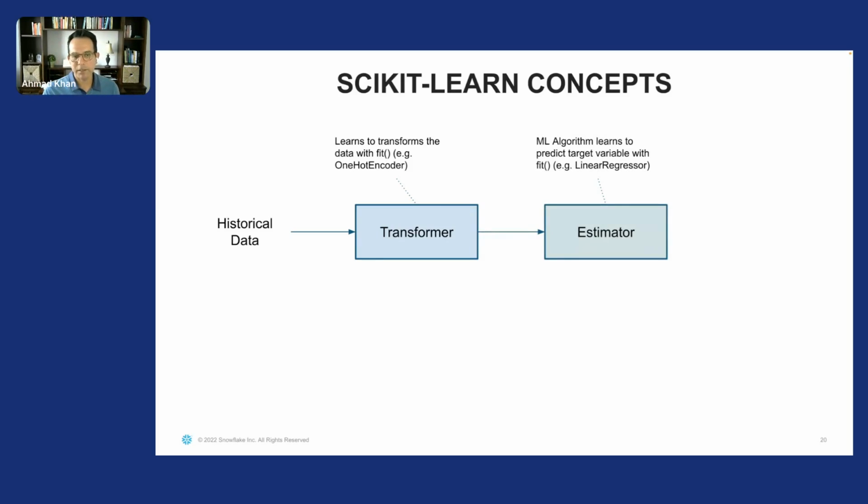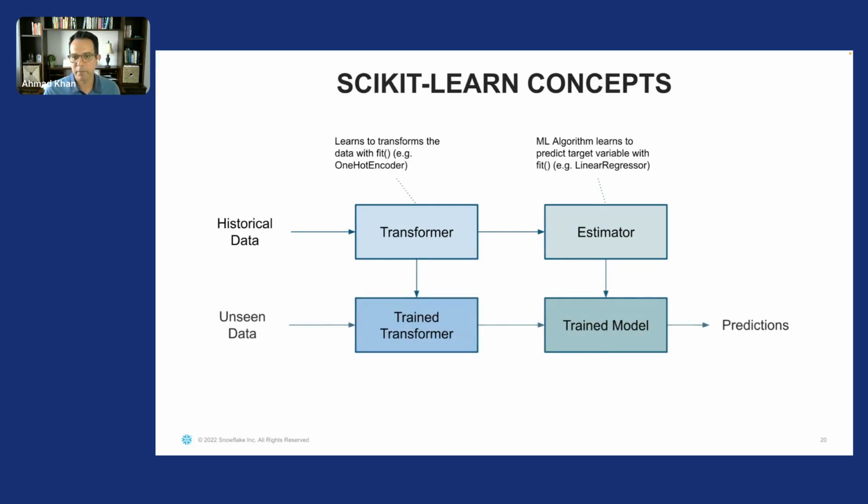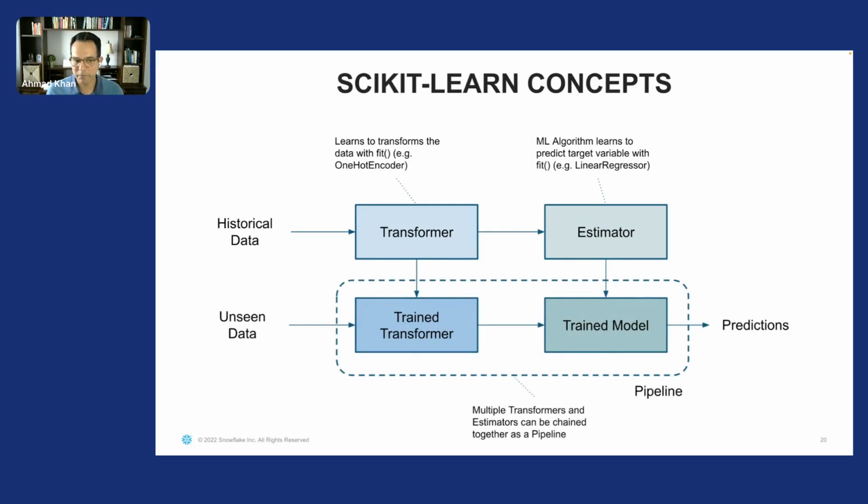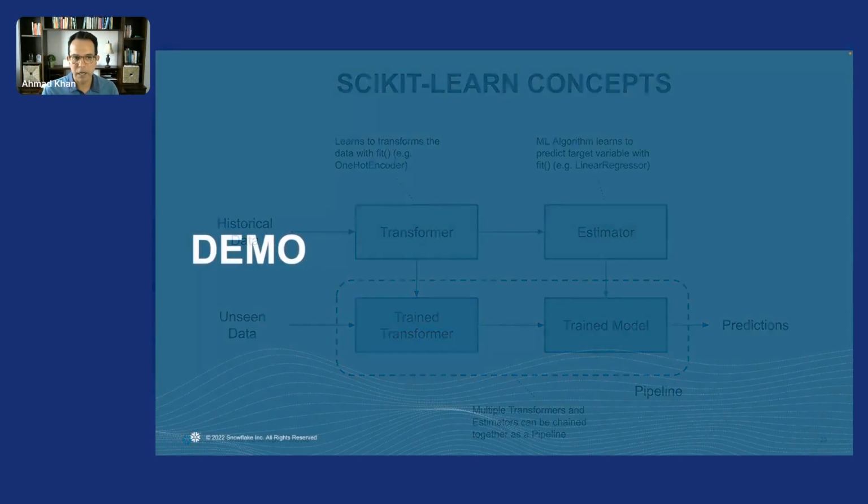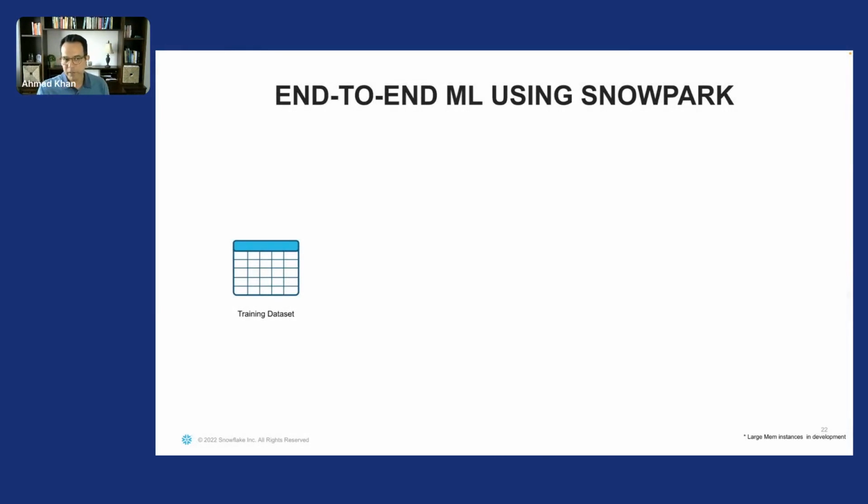Once I train these transformers and estimators, I can package them up in a singular pipeline object on which I can input unseen data and get predictions back. This is what I'm going to be using from scikit-learn, packaging it up as a UDF and stored proc and pushing it down into Snowflake and running it at scale all within Snowflake. So let's see the demo. The demo is actually very simple.